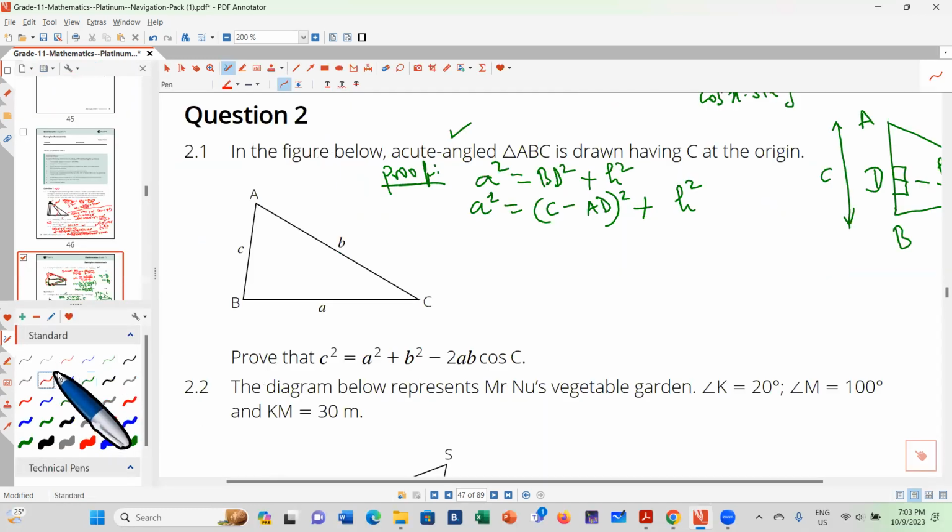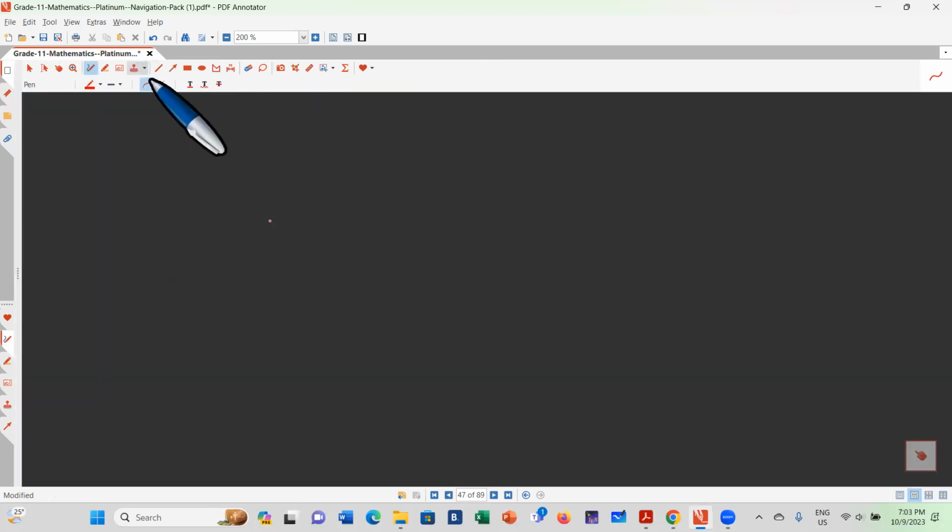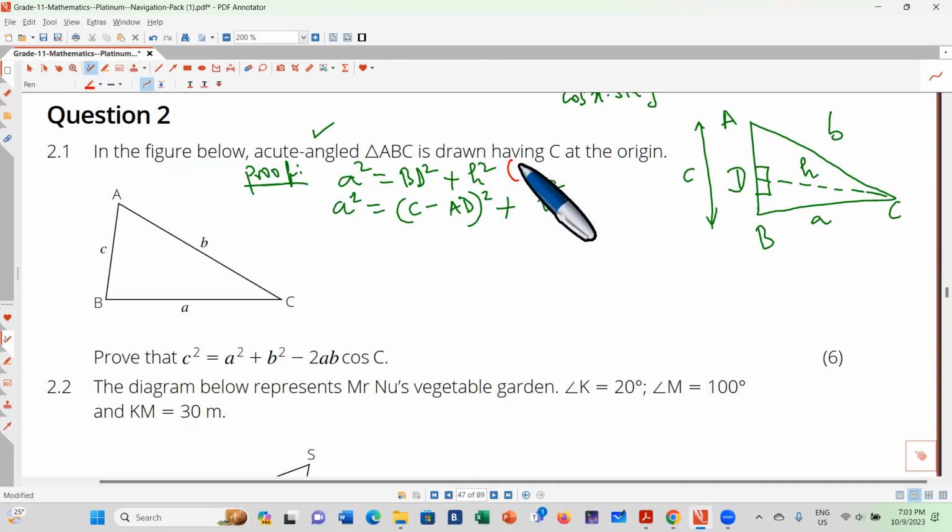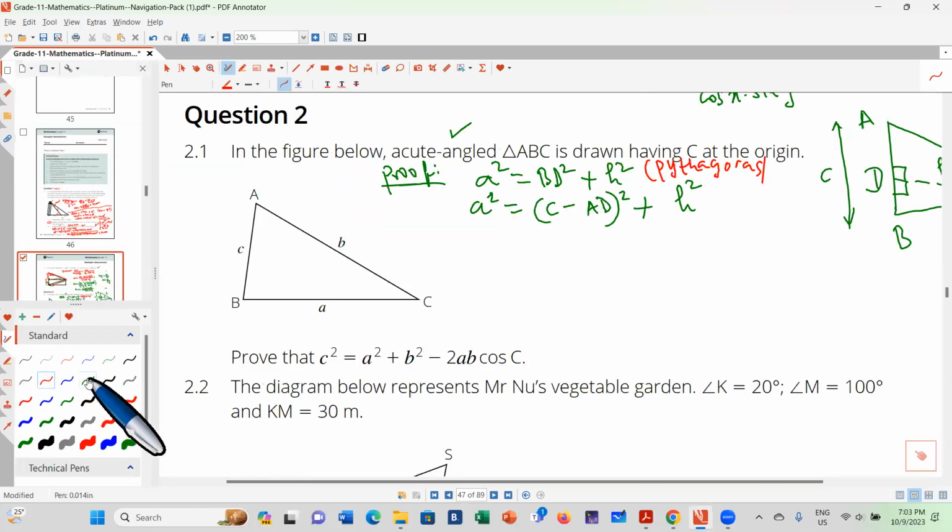We note, therefore, that this is due to a result that we call Pythagoras, because we use Pythagoras in this triangle since it is right angled. So we get these, from which we proceed furthermore like this.